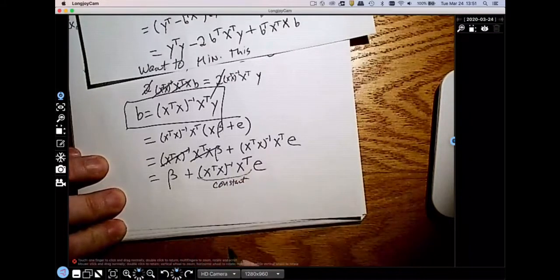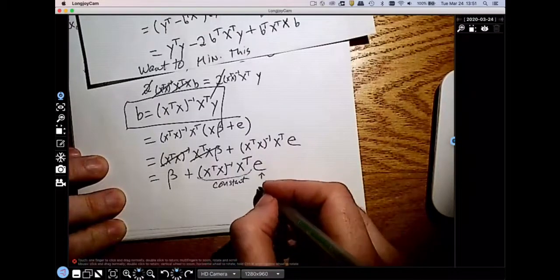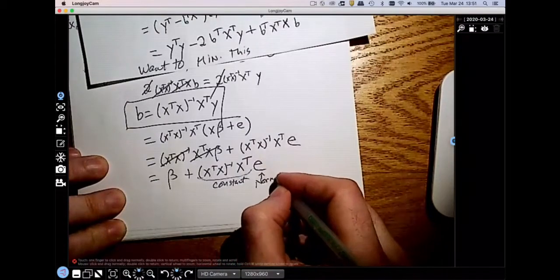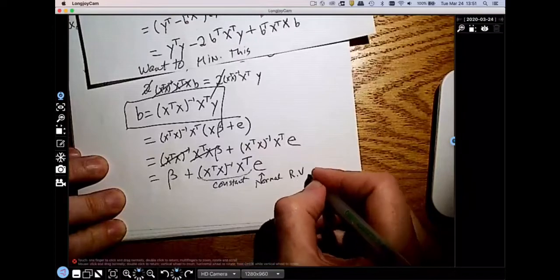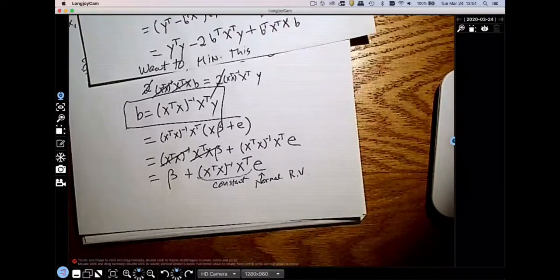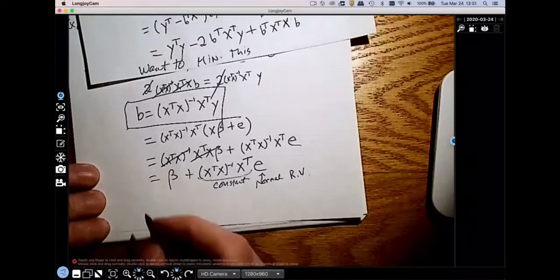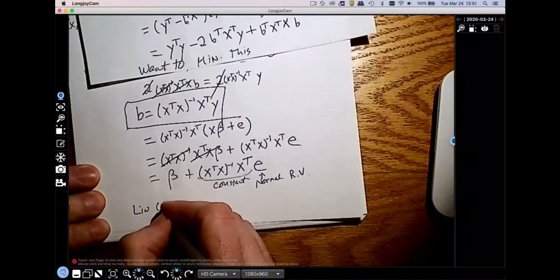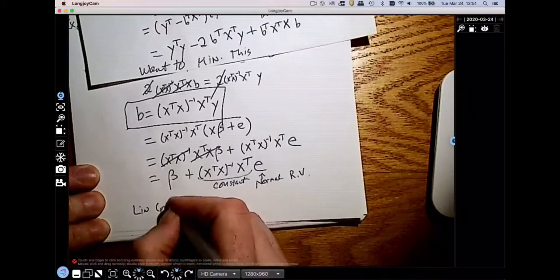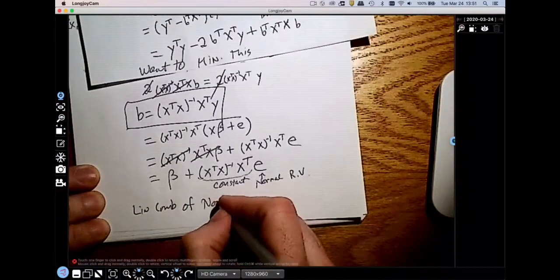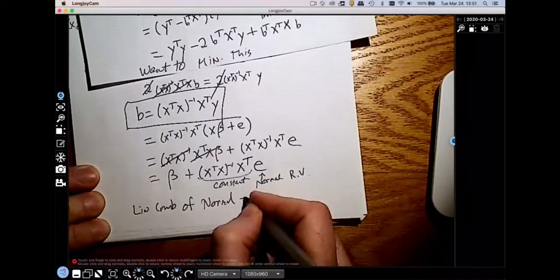All right. And what do we have here? We have a normal random variable. RV is often used for random variable. So what I see here is that I'm just taking a linear combination of normal e.